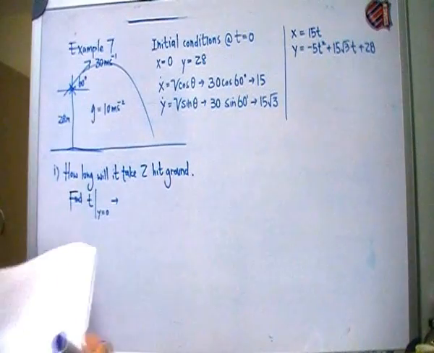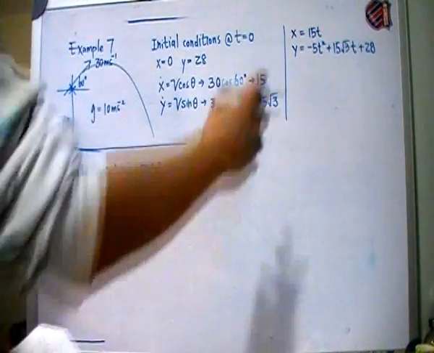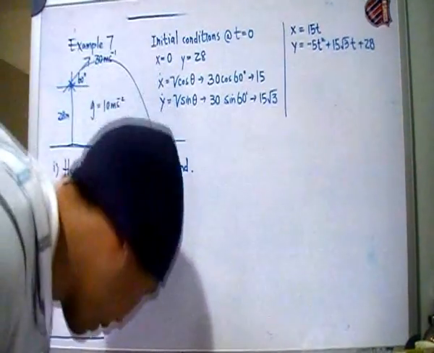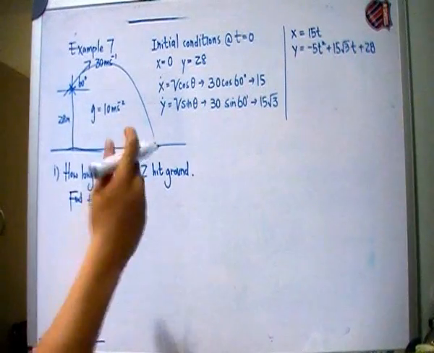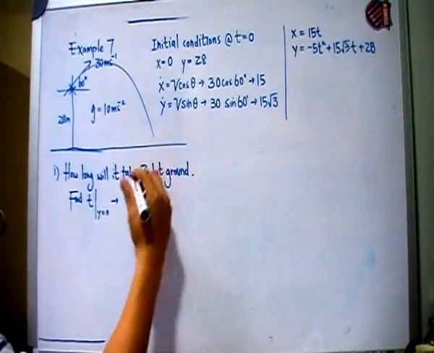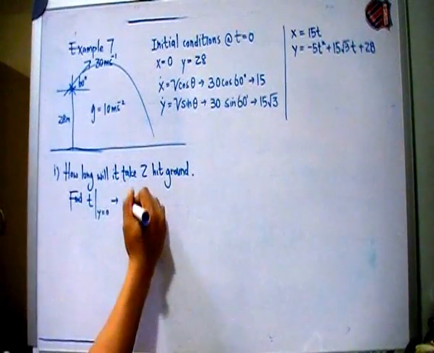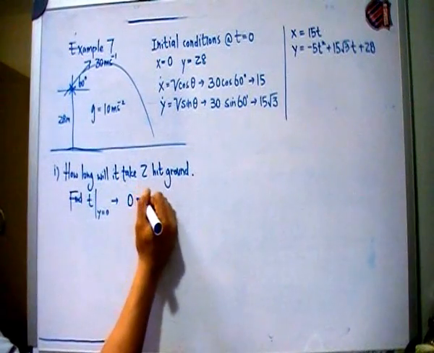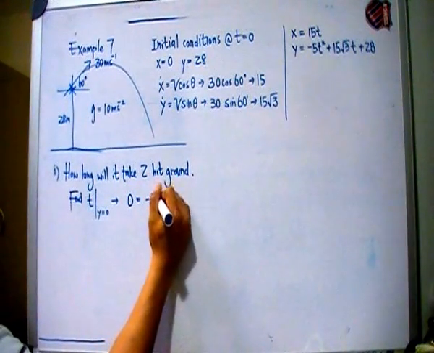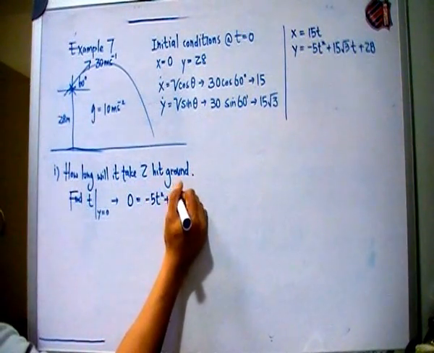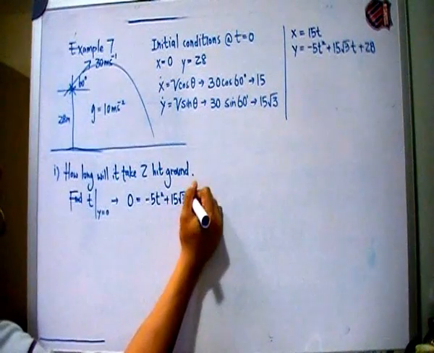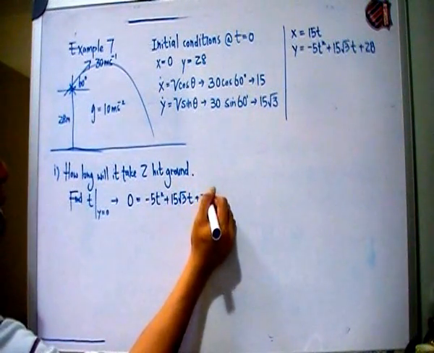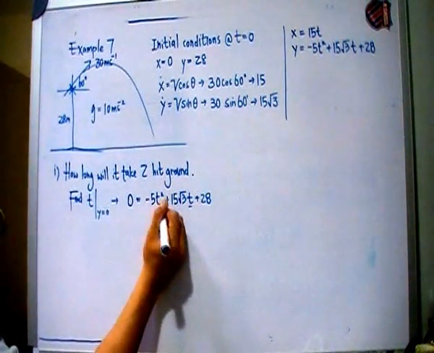To find the time when y equals 0, we are solving that quadratic in t. We've written the equation we've just derived: 0 equals minus 5t squared plus 15 root 3 t plus 28. And that's just a quadratic in your t's.